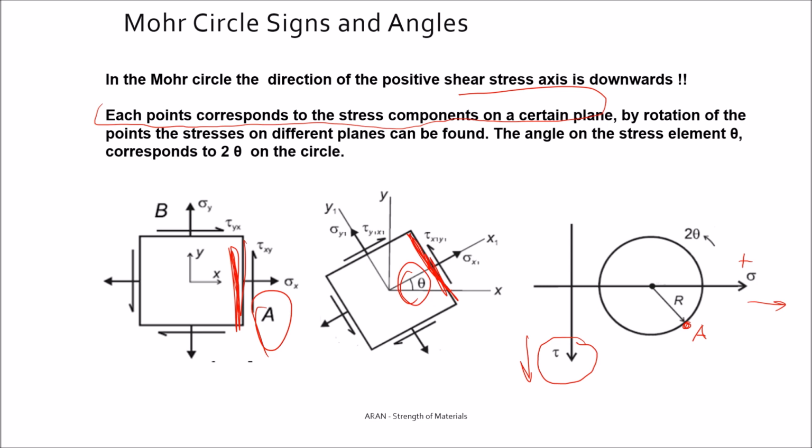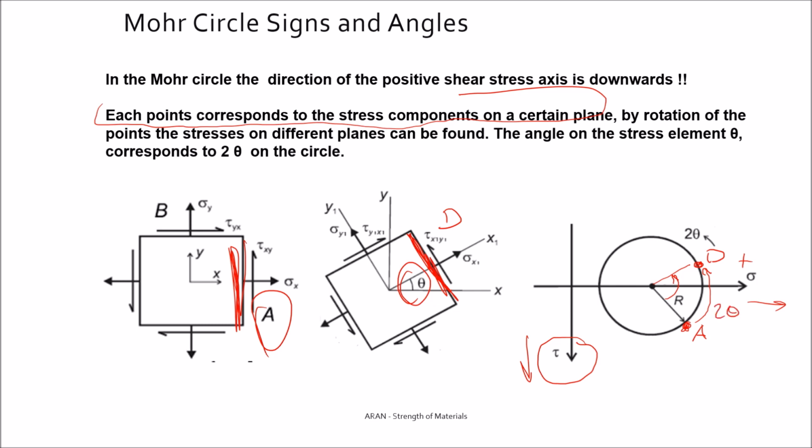I have to rotate from A to the point, let's call this plane D, which represents the plane as point D. So you see the angle I have to rotate is 2 theta.